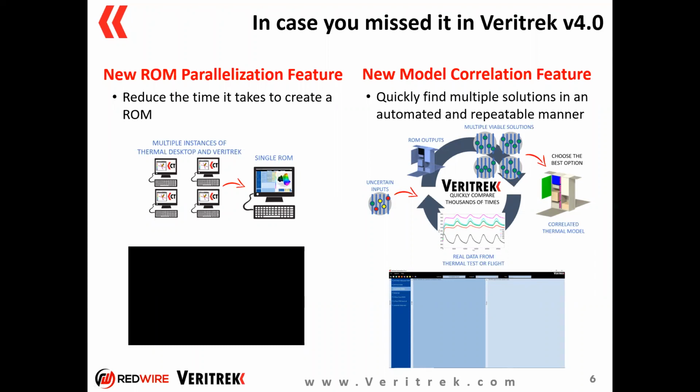The second of the 2 features that were released with Veritrek 4.0 was our model correlation feature. This feature was really developed to assist thermal teams in correlating their Thermal Desktop models to actual test data that they measure in the lab. Typically, this model correlation process is a bit of an iterative approach where you have some symbols or inputs in your Thermal Desktop model that you're willing to vary.